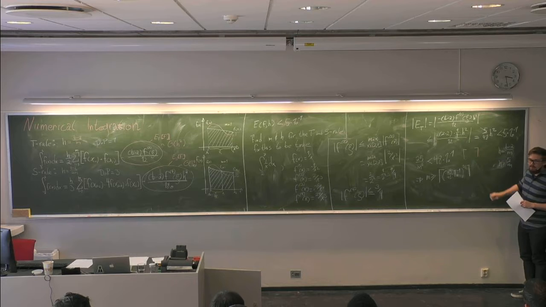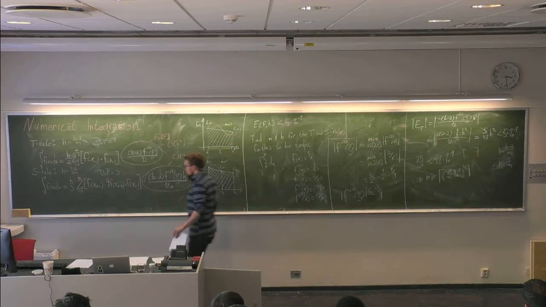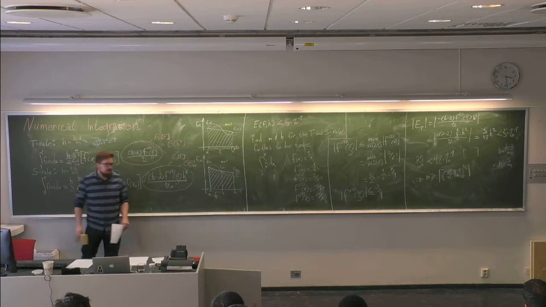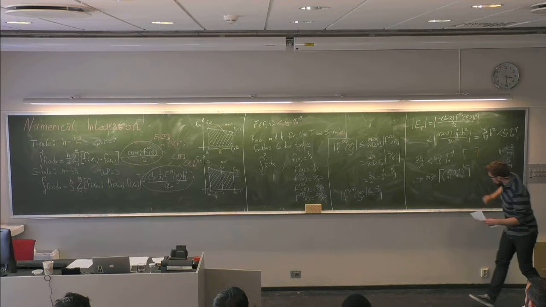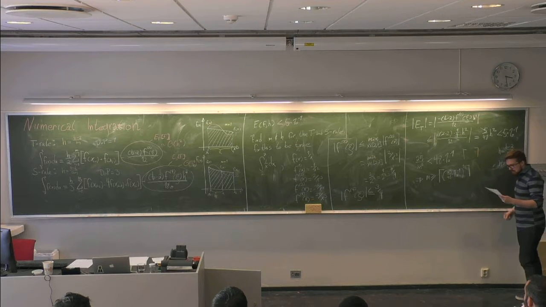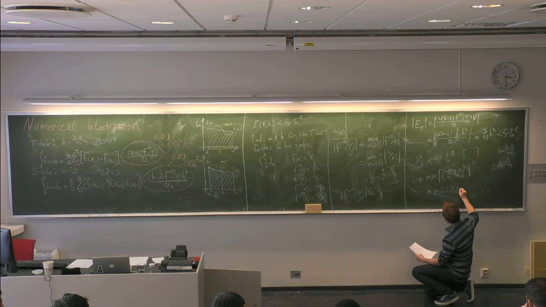You will see it sometimes. It's just a notation, it doesn't really matter that much. We can solve this, and we'll get that m has to be more than 22,822.